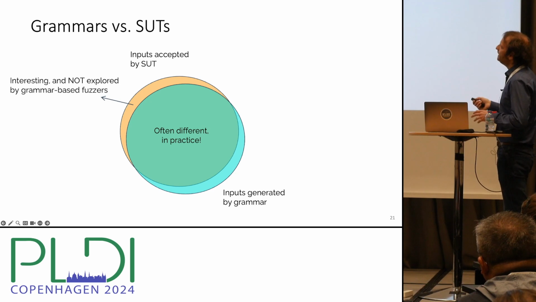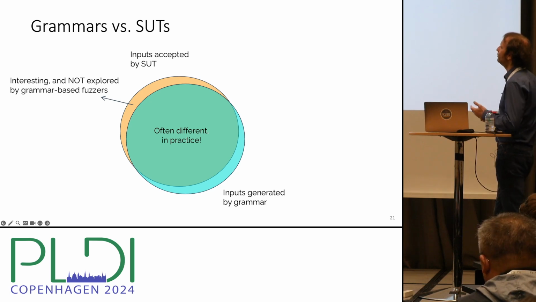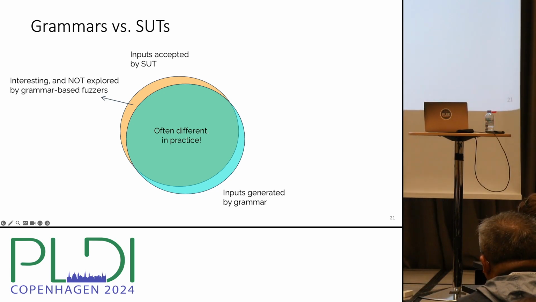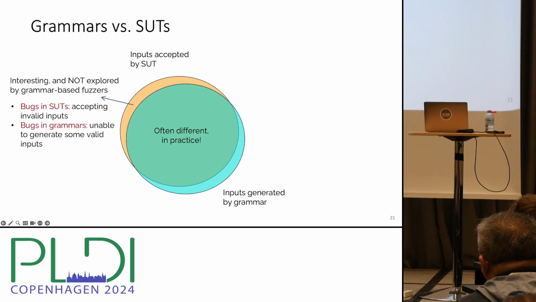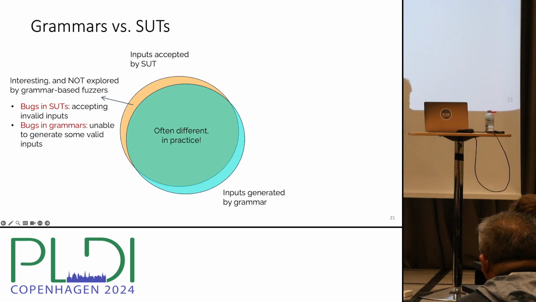So the biggest implication is that we're not going to explore this top left corner, which are inputs accepted by the SUT but not generated by the grammar. And why is this a problem? Well, this is a problem because you are missing potentially critical bugs where the SUT is incorrectly accepting an input that it should reject.